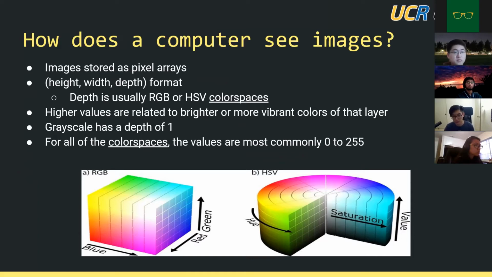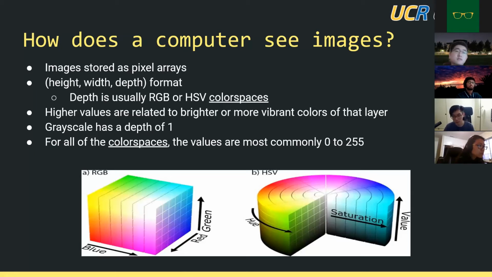Think of a really big grid with a certain number of layers, and each cell of that grid is a pixel. And each layer can be red, green, blue, which is really common in LCD screens, gaming accessories, computers, and there's also HSV, which is hue, saturation, and value.